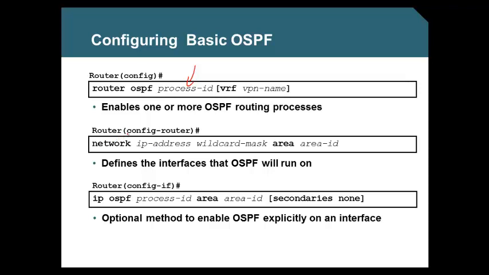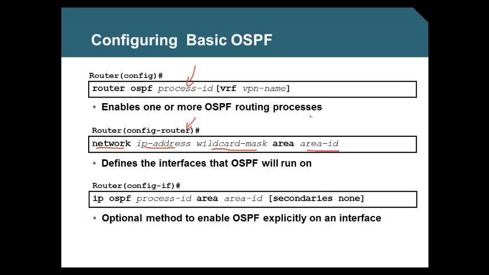Next, inside OSPF, see, you are inside OSPF now. We need to specify the network on the interface by giving the network command, followed by the wildcard mask to match the maximum prefix length that you want to match, and the area ID.